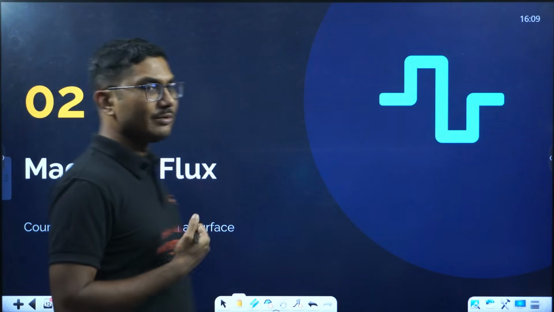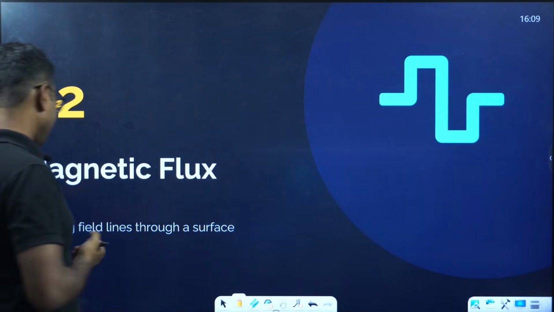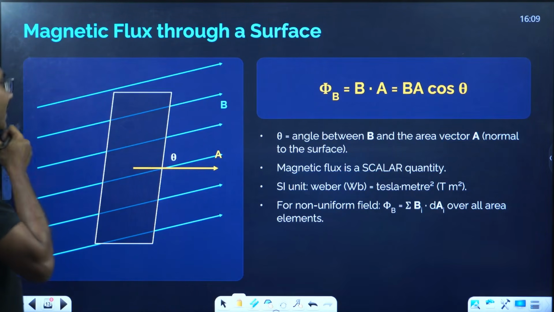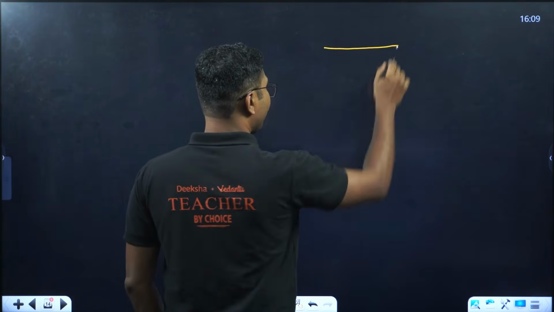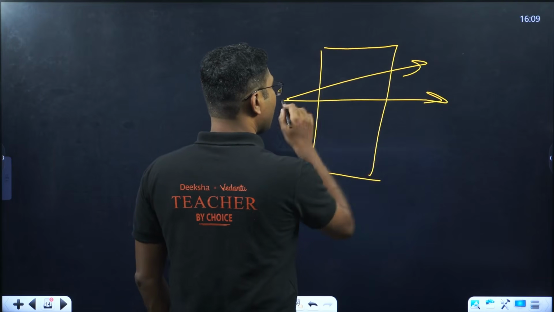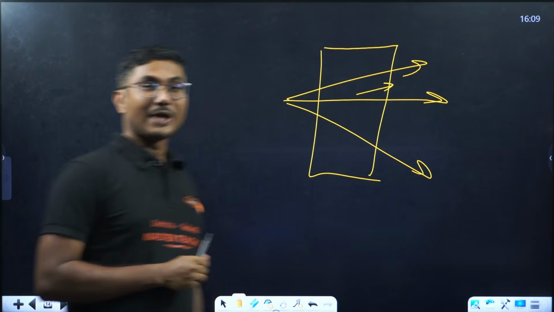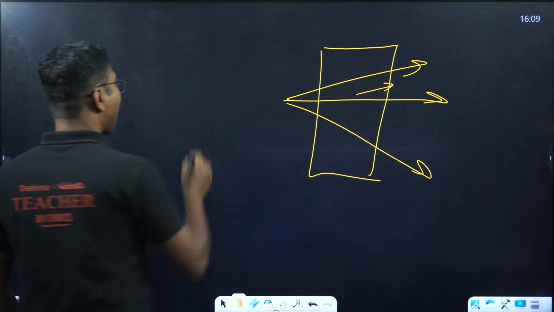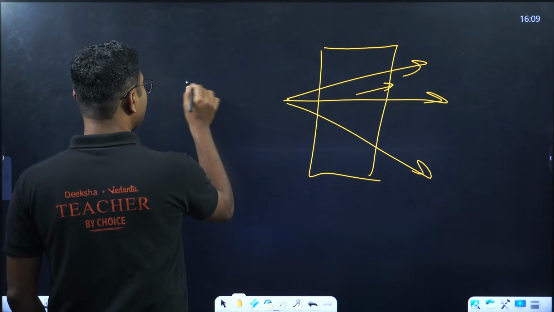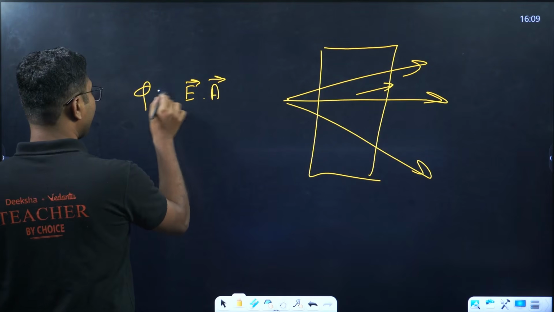Now we will see what is this term magnetic flux. So far we are discussing magnetic flux, magnetic flux, magnetic flux. Let's see what it is. If you remember in current electricity, we have a surface through which some electric field lines are passing. We said that we need to find the angle of the electric field and the angle of the surface, and then it is basically E dot A, which we called electric flux.